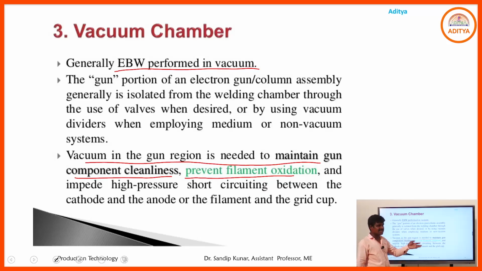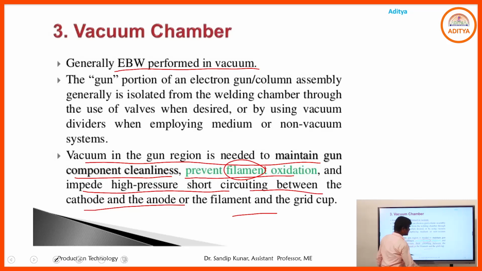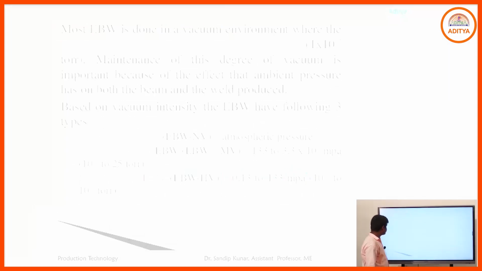If oxygen is kept in the vacuum chamber, it will react with the filament components, and due to the reaction an oxide may be formed, which leads to rusting. It also impedes high pressure short circuit between the cathode and anode and the filament, the grid cup. So we always maintain those components in vacuum.